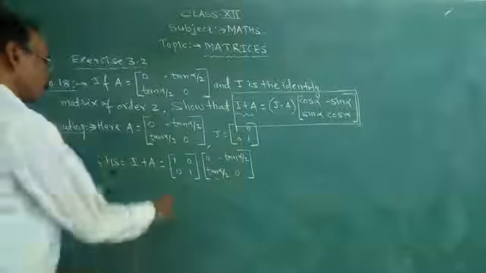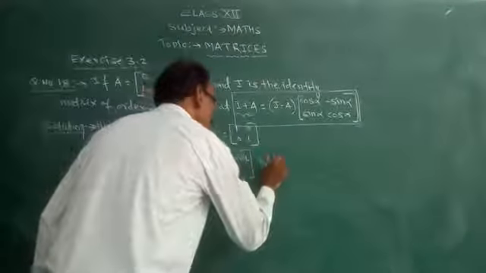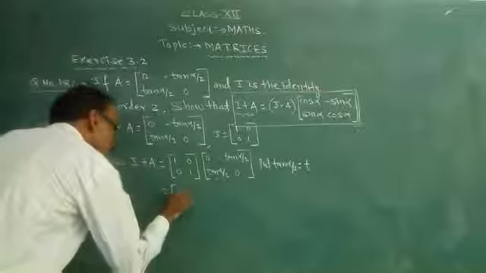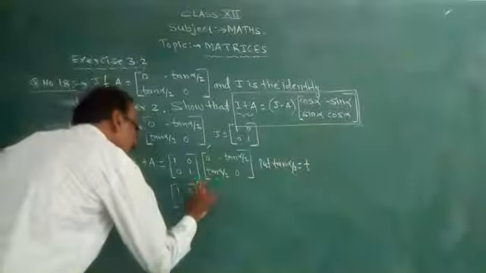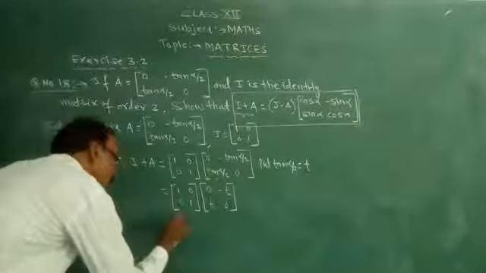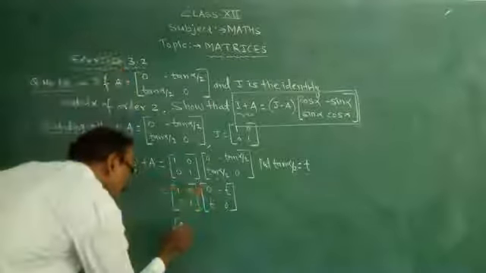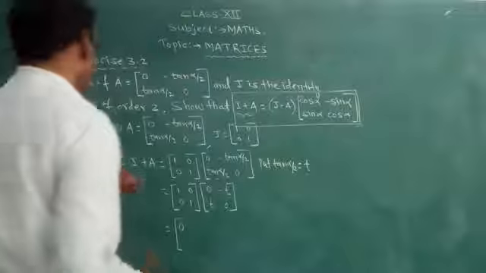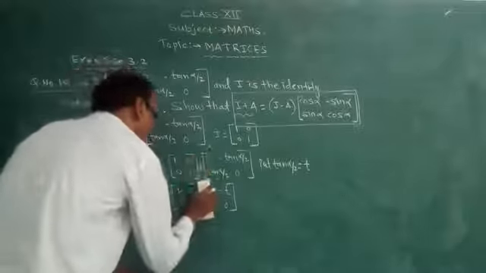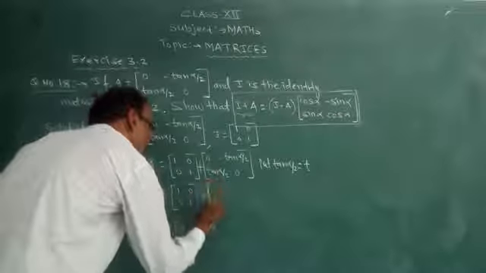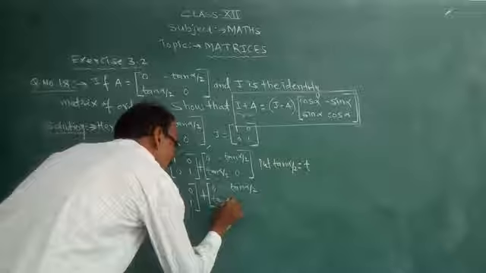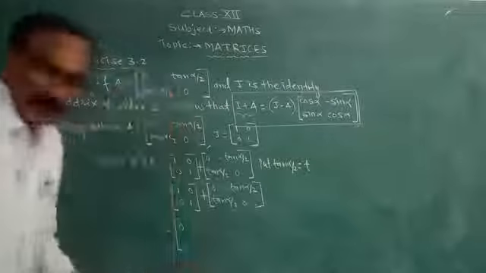Okay, let us suppose we put tan alpha by 2 equals T. Now take the addition of these two.